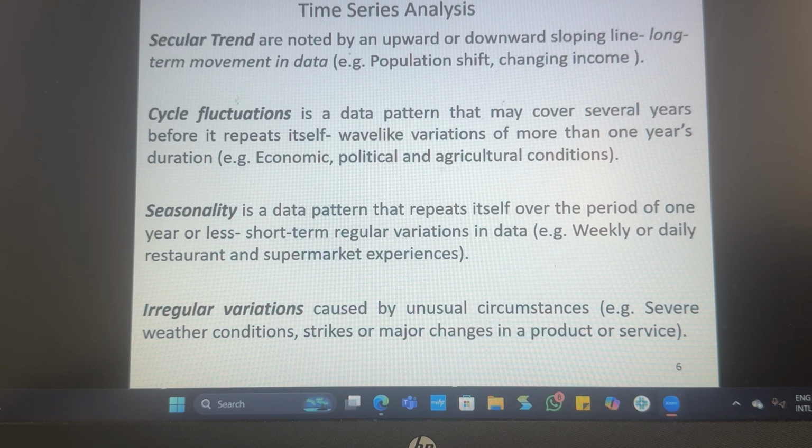Number 2, cyclical fluctuation, most probably it's called cyclical fluctuations. Number 3, seasonal fluctuation, seasonality. Number 4, irregular variations.